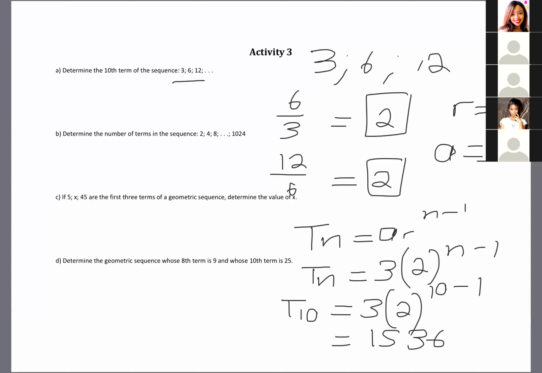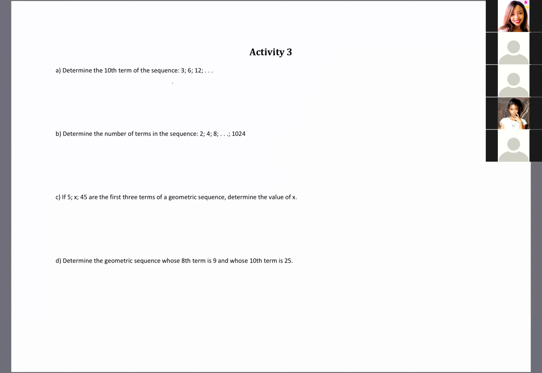Does everyone know what? Yes, ma'am. Okay, great. Now let's move over to question B. It says determine the number of terms in the sequence 2, 4, and then my last term is 1,024, right? So what are they looking for here? Are they looking for my Tn or are they looking for my n?